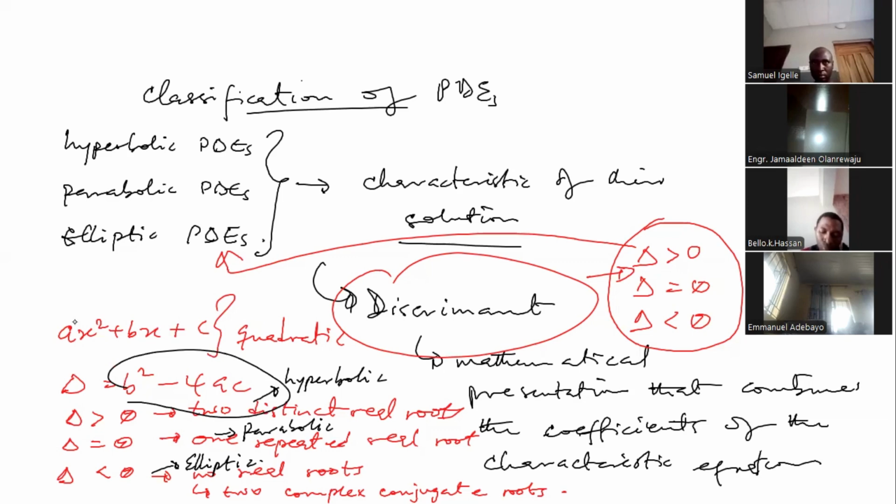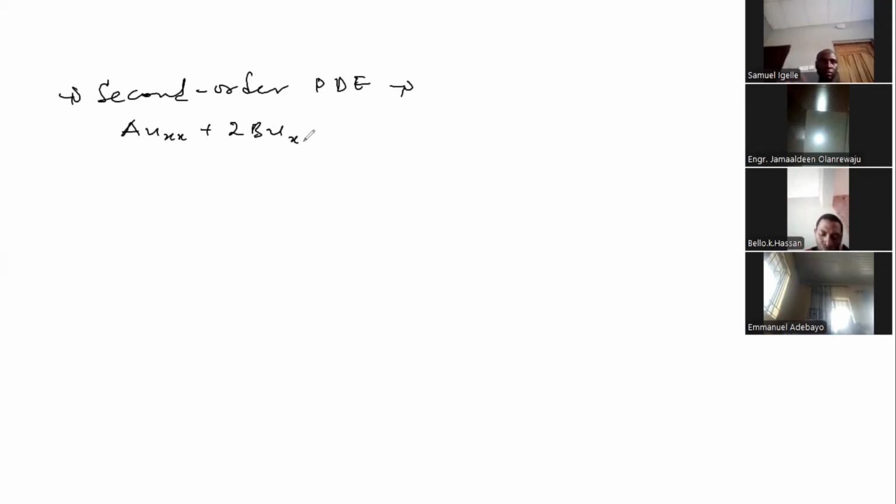Let's assume we now have a second order partial differential equation, say it's given by A u_xx plus 2B u_xy plus C u_yy. Here we can add some lower order terms, right? To be the same as 0.